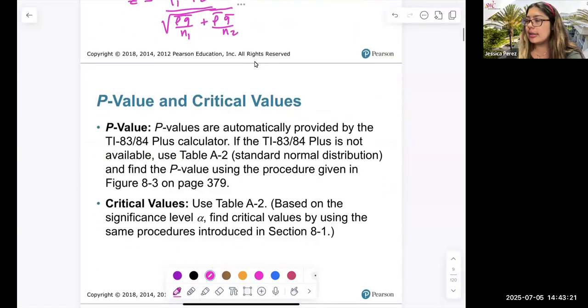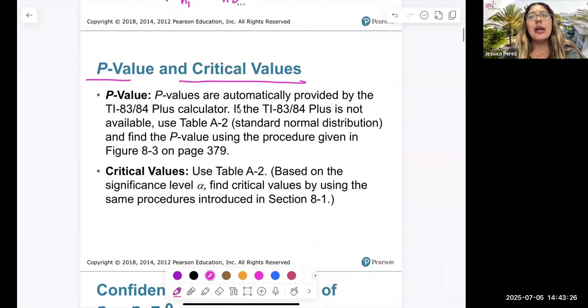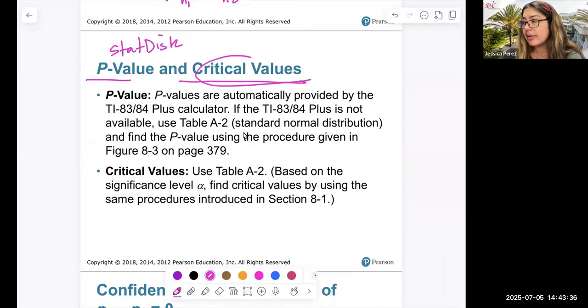Now, to calculate the p-value and the critical values, we are going to be using our TI-83, our TI-84, or again, StatDisk. For finding the p-value, StatDisk gives even the critical values. We can also find the critical values using Table A-2, our Z-score table.